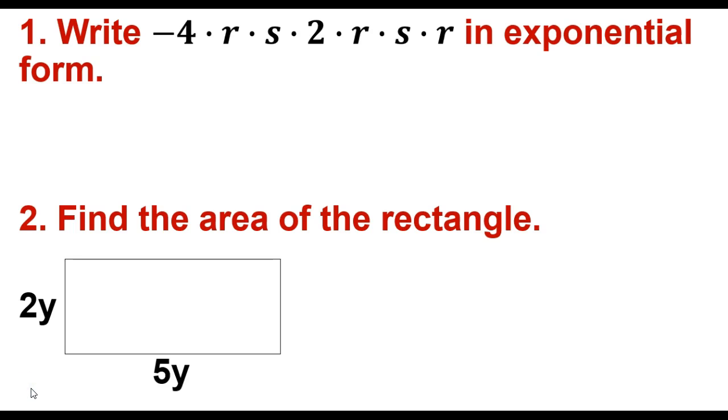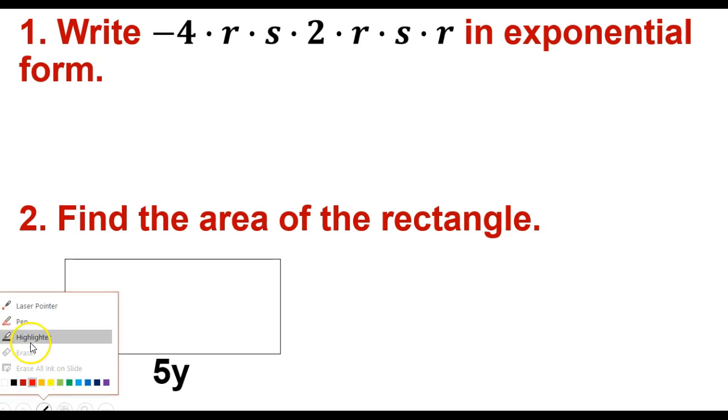Now let's look at some examples. We're given this expression to write in exponential form. The list can get longer. So what we do first is use the commutative property to bring all the numbers together and then put all the variables that are the same together.